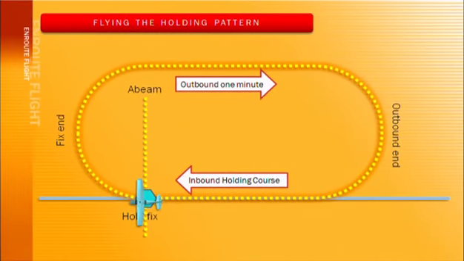Let's take a look at a hold one more time for clarity. Notice that as the aircraft crosses the fix, it begins the turn into the protected side of the hold until passing abeam the fix, at which point it travels outbound for 1 minute before turning inbound to intercept the inbound holding course and track to the fix.